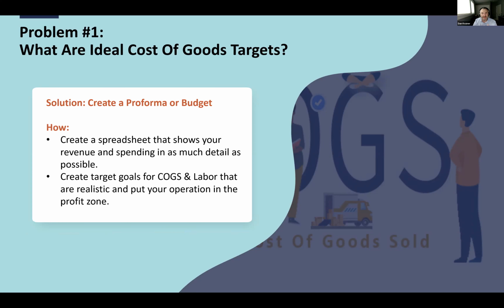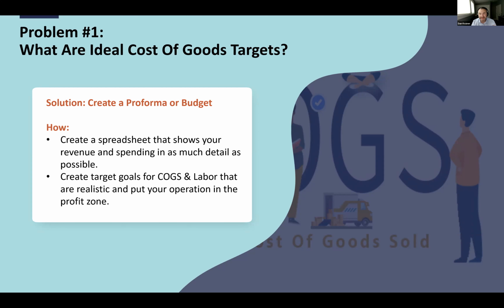What we're trying to do is understand what it's going to take to get our whole business profitable. So we have to take into account our labor model, the type of menu that we have. Is it an expensive menu, more like a steakhouse where we have high contribution dollars but higher cost of goods, or are we a lower price point operation that needs to make sure that we have a very good low cost of goods percentage?